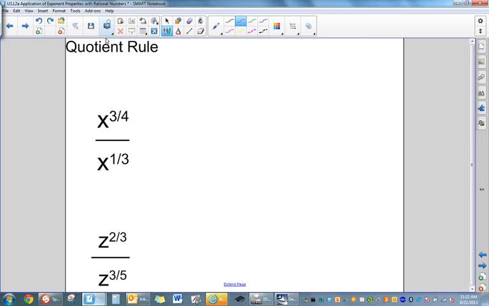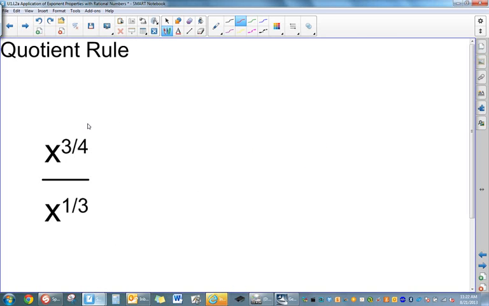The quotient rule. Can someone in their own words describe the quotient rule to me, please? In your own words? Yes.